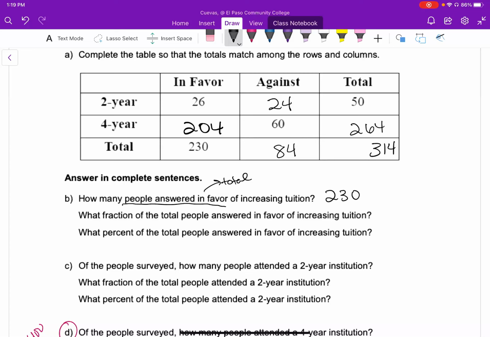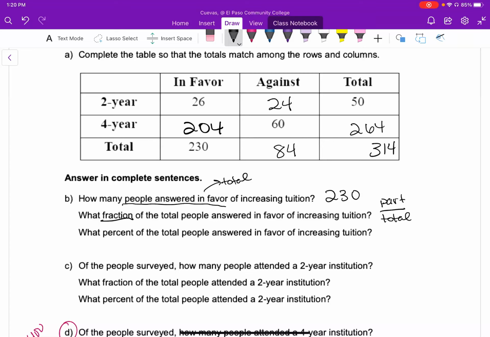What fraction, we're going to create a fraction, of the total people answered in favor of increasing tuition? So I'm going to put this in words first and then talk to you about the actual numbers. A fraction is always represented with a part over a total.